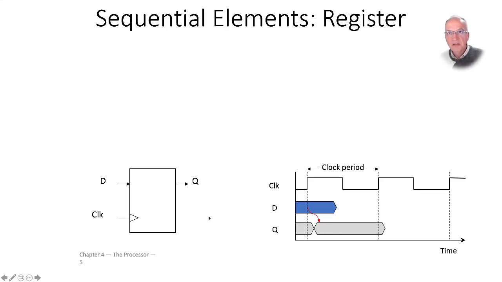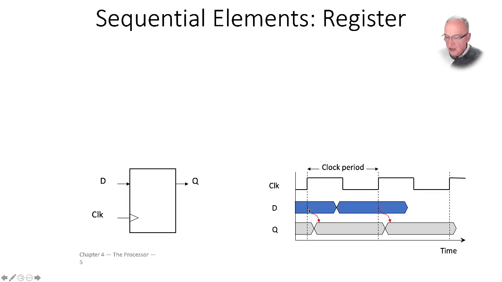This diagram is indicating that when the clock signal makes a transition, the output of my 1-bit register will follow whatever was in the data input. And the same thing keeps happening in every clock transition.